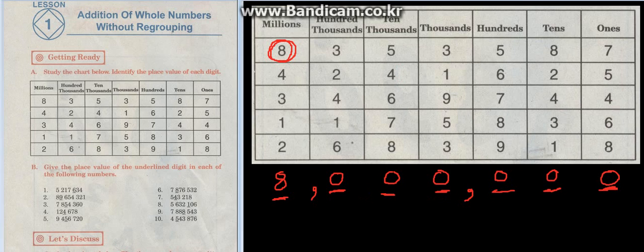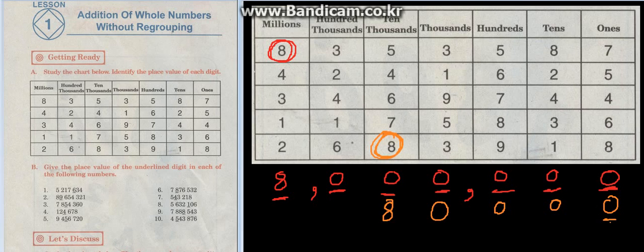Now, let's look at another 8. This time I'll color with orange. Okay, the 8 here. Does this mean just 8? Well, let's see. It's an 8 at the 10,000s column, which means it has 4 hidden zeros behind.